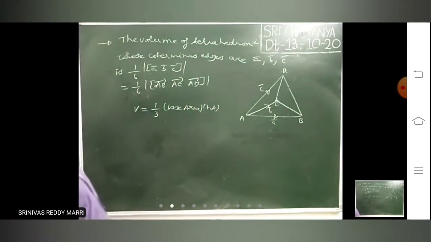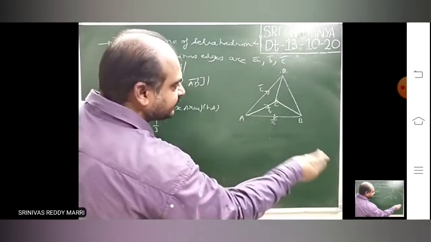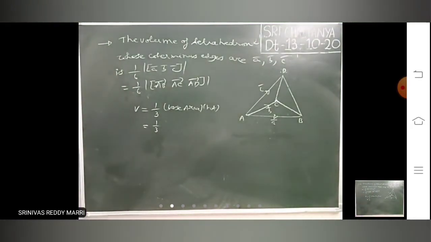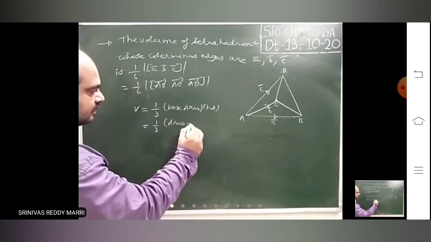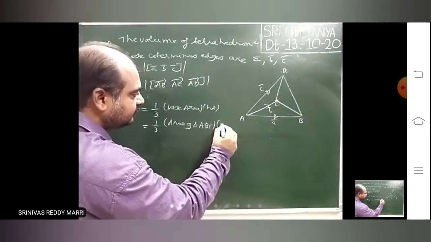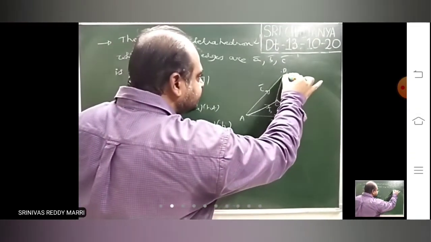Anything you can take as base. On your paper, let us say ABC is the base. So 1/3 into area of triangle ABC into height H.